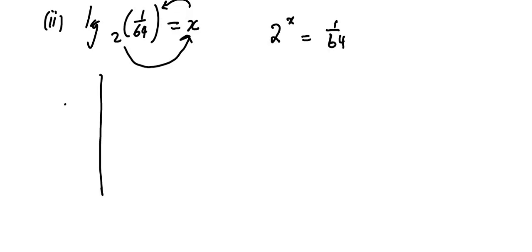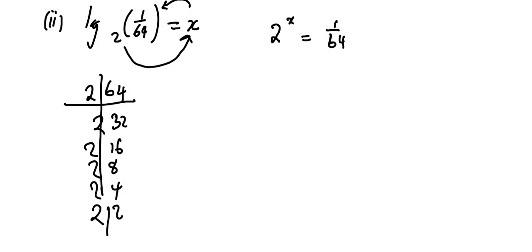Then when you try to express 64 with 2 as its base, 64 divided by 2 is 32, then 16, 8, 4, 2, 1. This is 6 twos, right? So this is equal to 1 over 2 to the power 6, which can be written as 2 to the power negative 6.